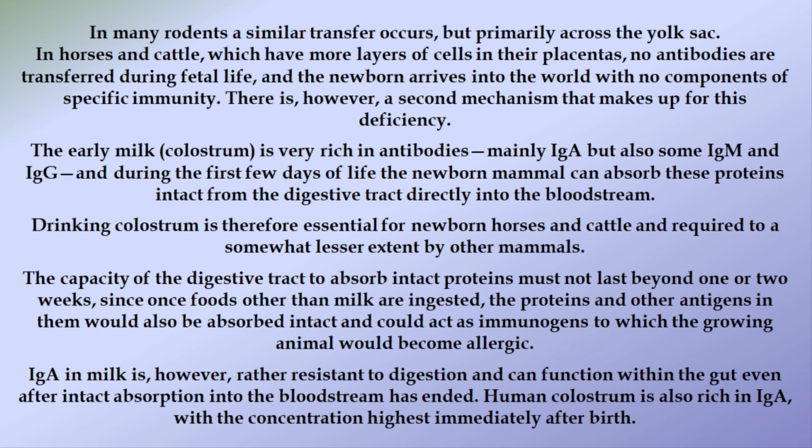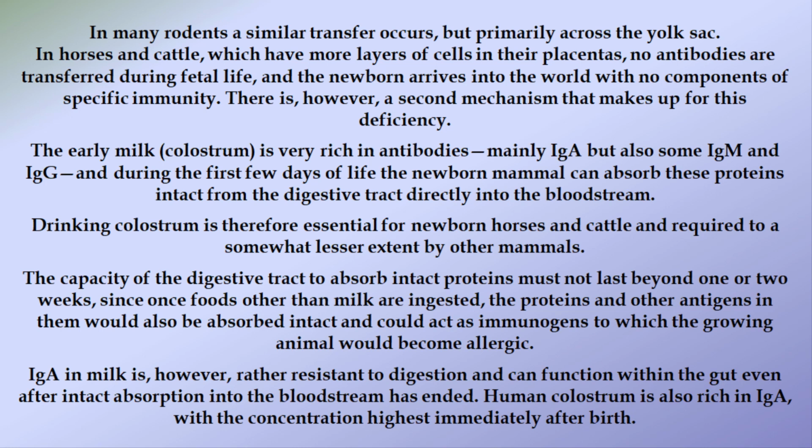Drinking colostrum is therefore essential for newborn horses and cattle and required to a somewhat lesser extent by other mammals. The capacity of the digestive tract to absorb intact proteins must not last beyond 1 or 2 weeks, since once foods other than milk are ingested, the proteins and other antigens in them would also be absorbed intact and could act as immunogens to which the growing animal would become allergic.